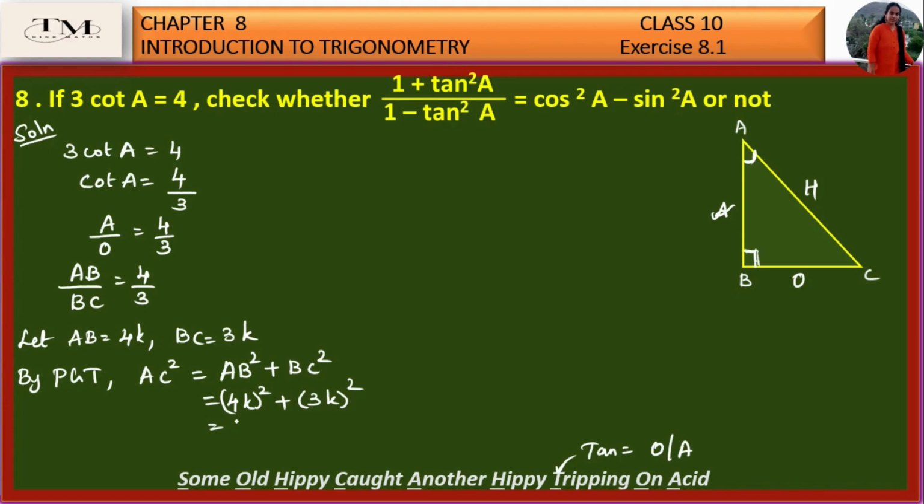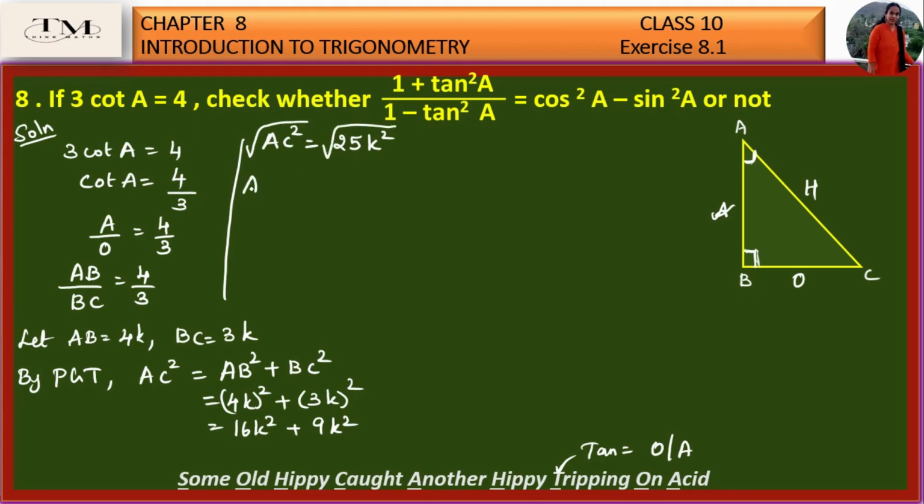So 4 square is 16 K square, and 3 square is 9 K square. So we get AC square equal to 16 plus 9, which is 25 K square. We need AC, so take the square root on both sides.